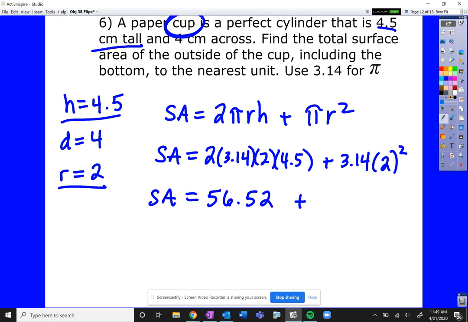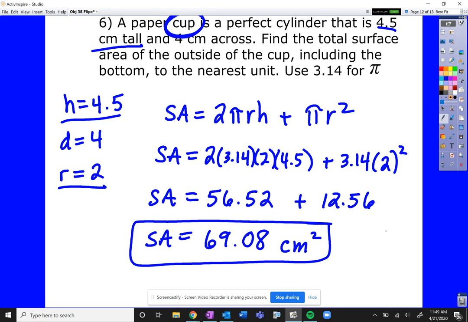And we got to do 2 squared first, which is 4 times 3.14, 12.56. Add them up. Nice and tidy. 69.08 units squared.